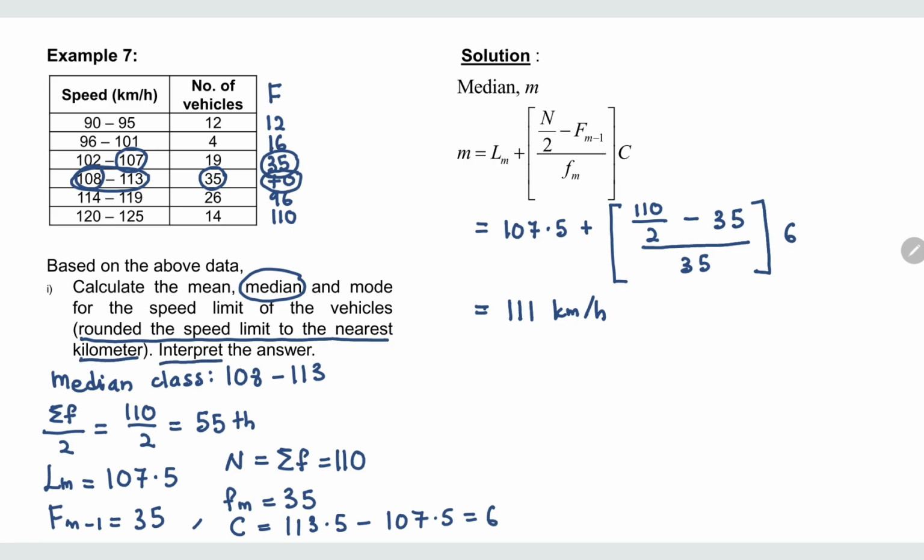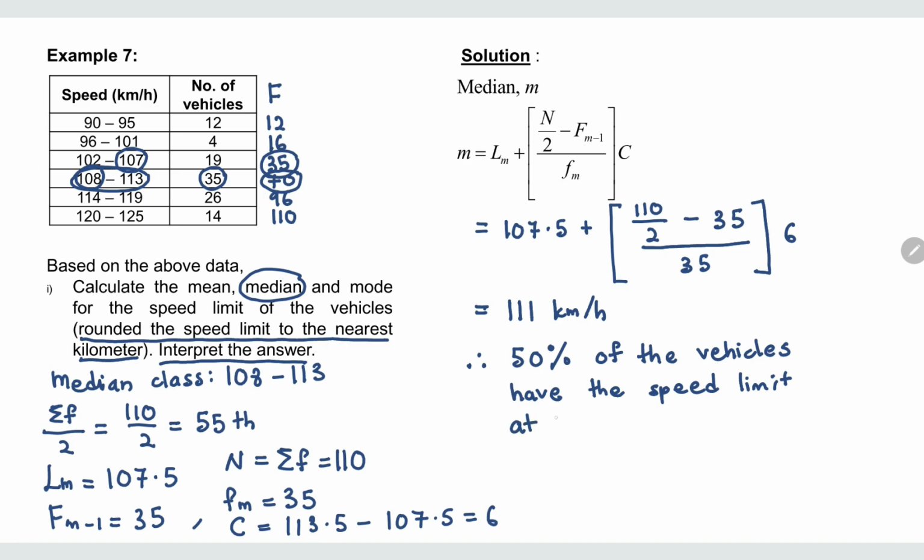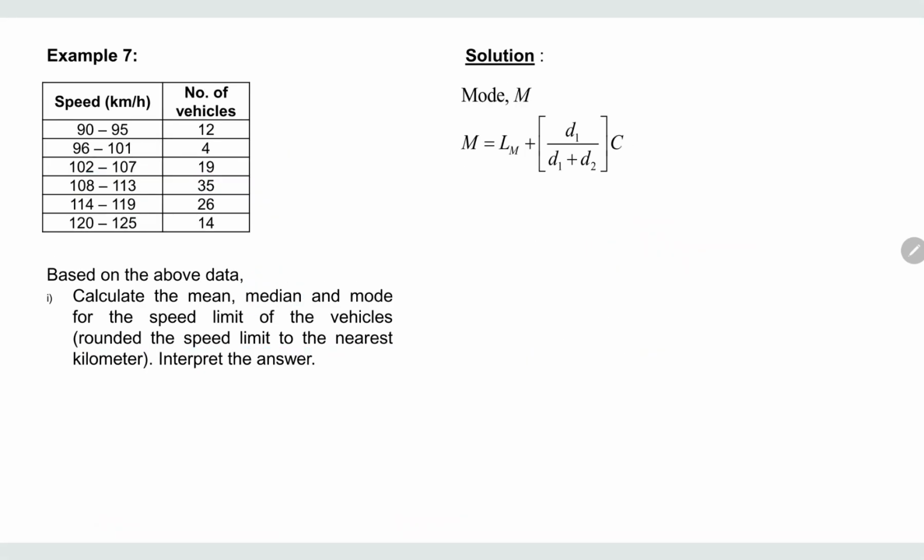Now we can interpret the answer. The interpretation for the median is that 50% of the vehicles have a speed limit of at least 111 km per hour.